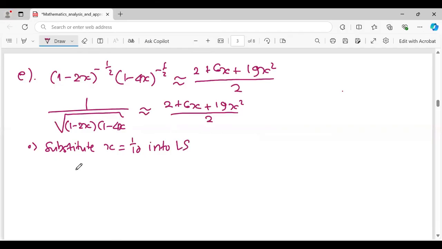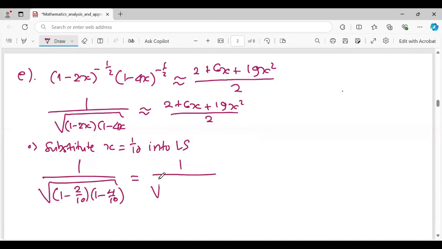And it's going to be 1 over the root of 1 minus 2 over 10, 1 minus 4 over 10. And it becomes 1 over square root 1 minus 1 over 5, which should be 4 over 5, times 1 minus 4 over 10, which means 6 over 10, 3 over 5.